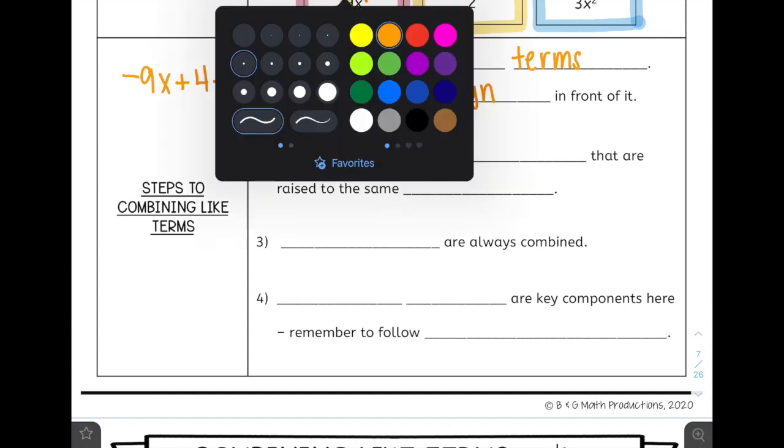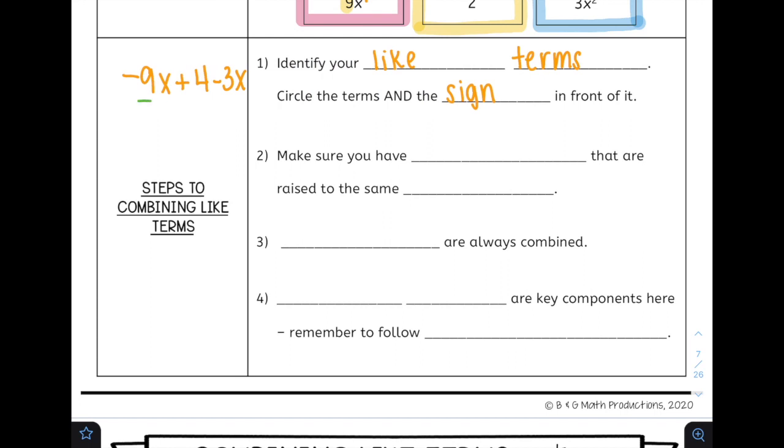When you circle your terms, you have similar terms here and here. You want to make sure that you're taking the negative in front, the negative in front. Even if you have your 4, positive 4, that is what goes with the term. So we have negative 9x, positive 4, and a negative 3x. We're separating the term and the sign.